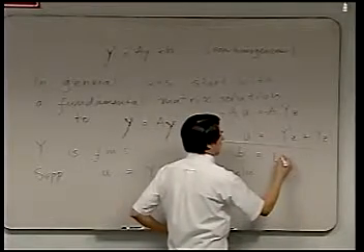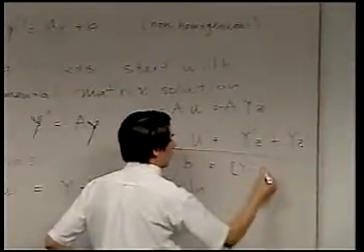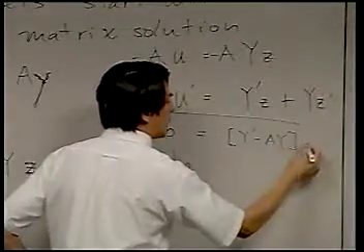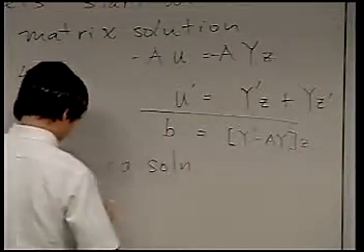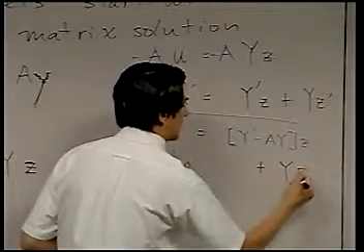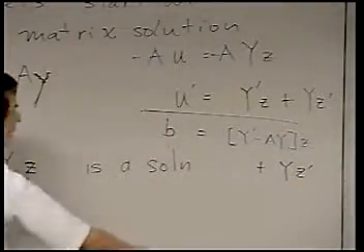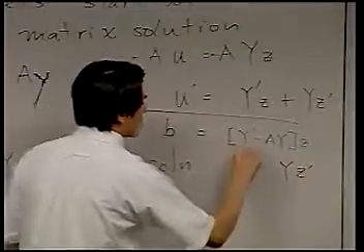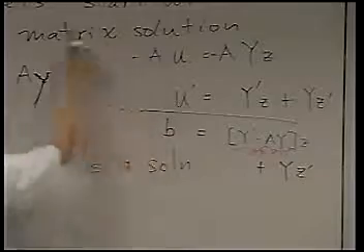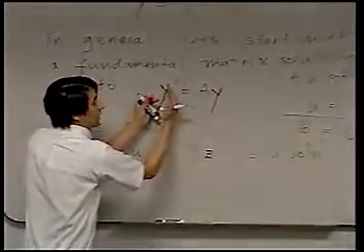So this is Y prime minus A Y, a factor of Z, plus Y Z prime. This is 0 because we know this solves the homogeneous system. So when we bring this to the left-hand side, you get 0.